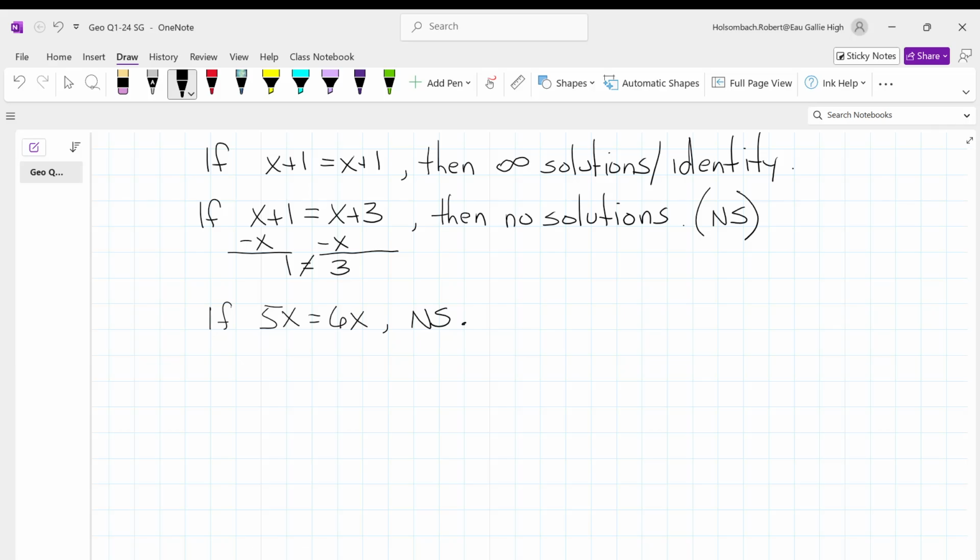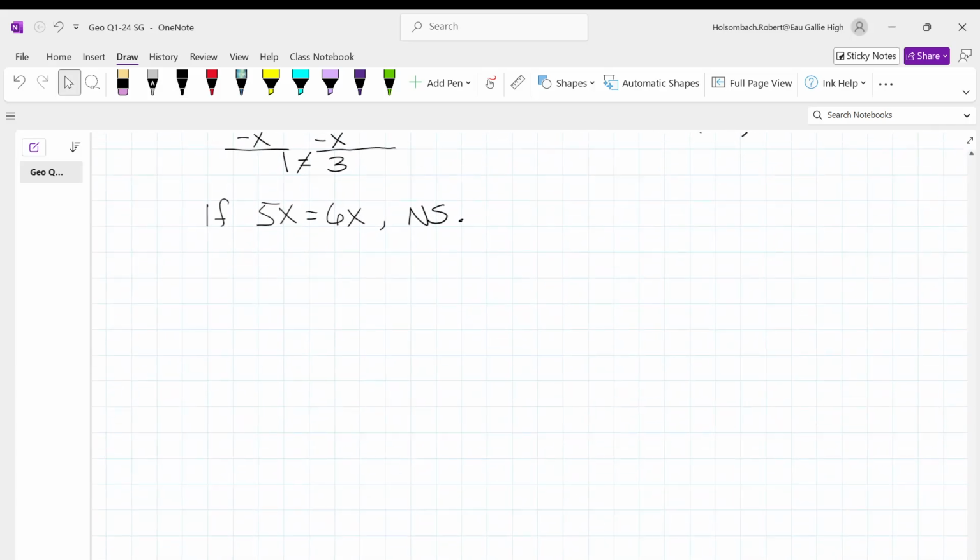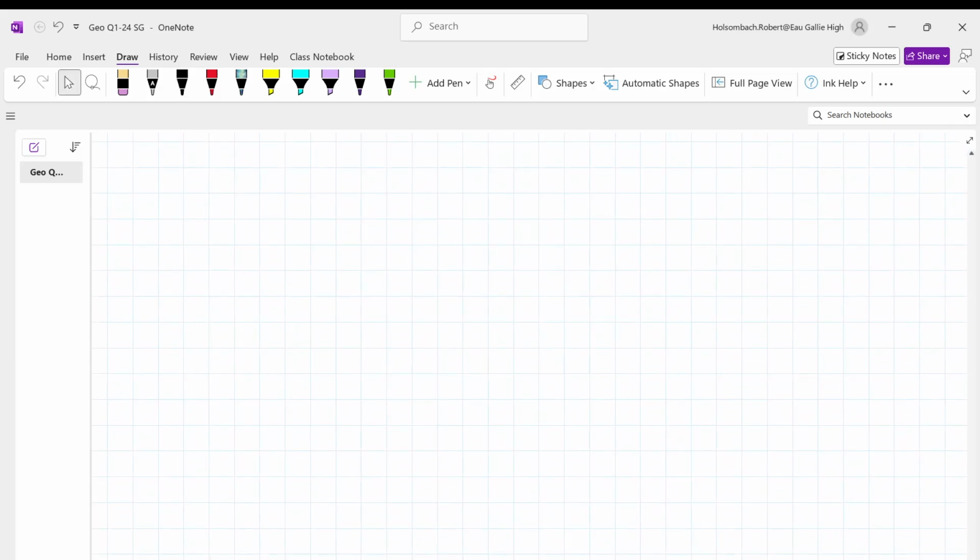All right, so let's look at a couple of examples. We'll start off with 3 times 4b minus 2 equal to negative 6 plus 12b.